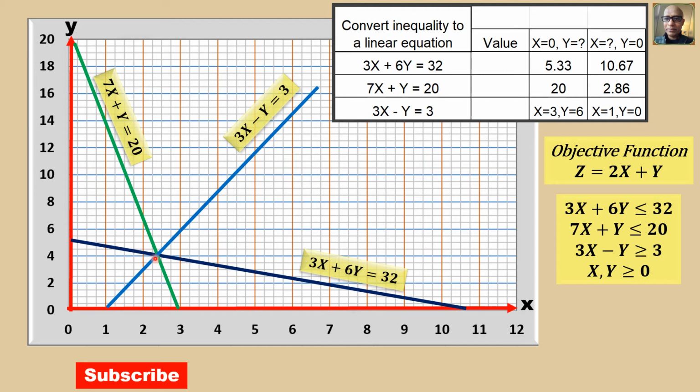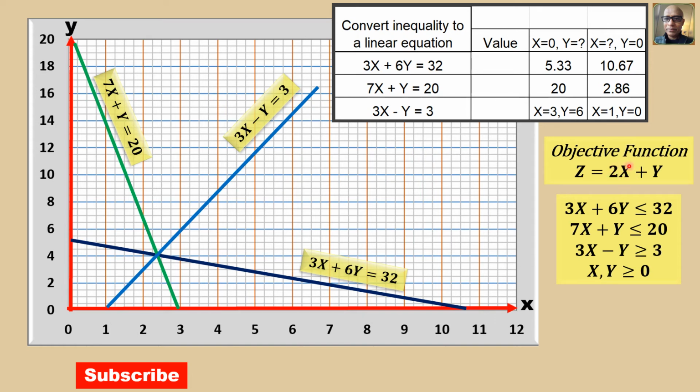So where are our plots? Which area is the feasible region? Our equation says z equal to 2x plus y. So it looks like here x is more powerful, more profitable than y, because it is 2x and this is y.